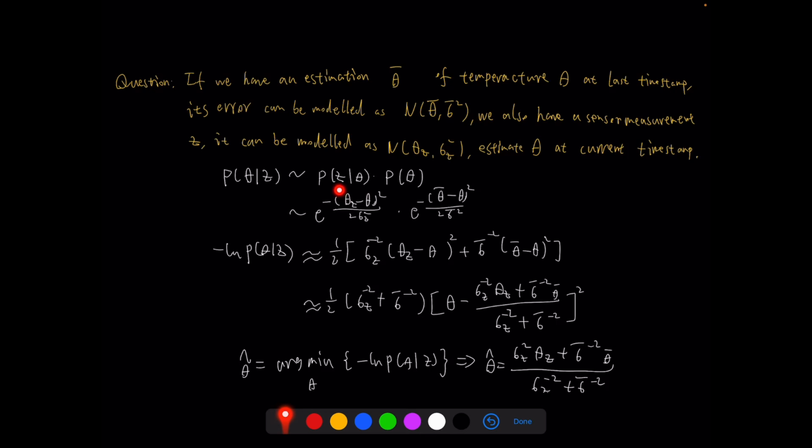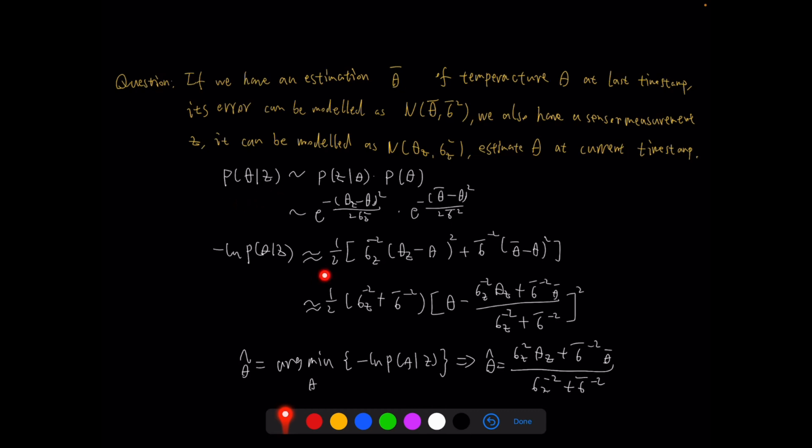The measurement is basically the second Gaussian distribution. And the prior is our previous estimate, which follows another Gaussian. As we did in problem 1, we take the minus logarithm of our posterior probability.